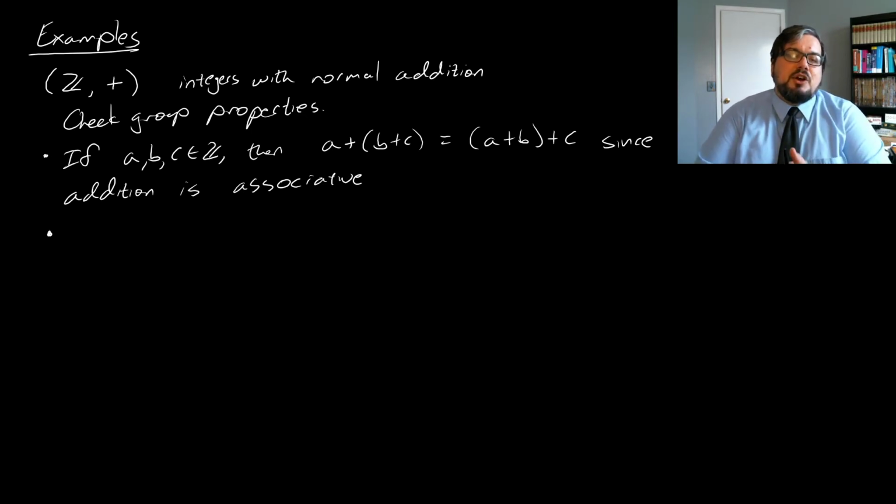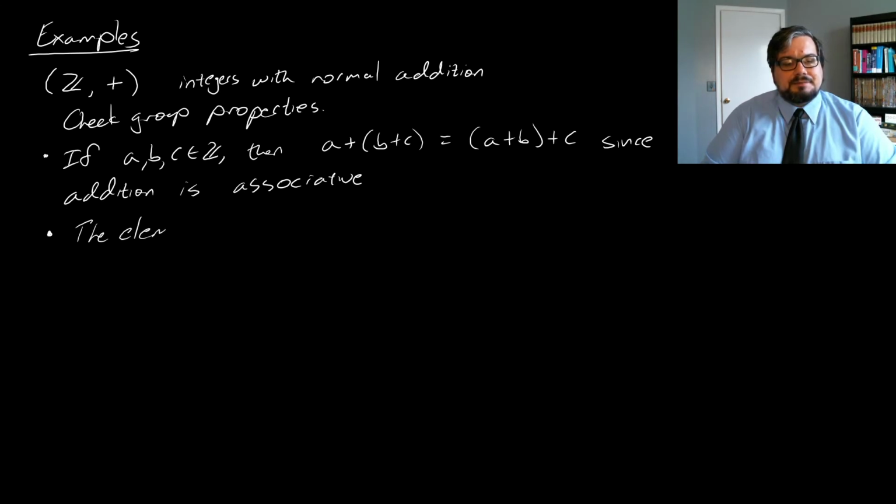Second, we need to know that there's some sort of identity element. So we need to know that there's some element of Z such that when you add it to anything, you don't change that element. That a plus that thing is just a again.